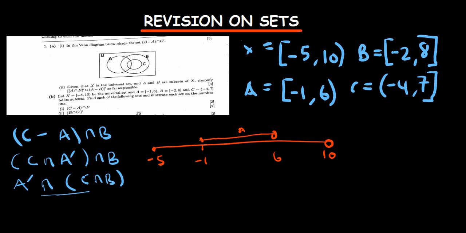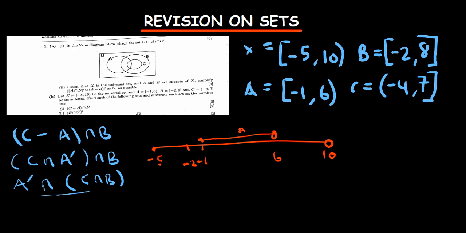Then what is my B? My B is negative 2 up to 8. Negative 2 can be somewhere here, very close to negative 1.